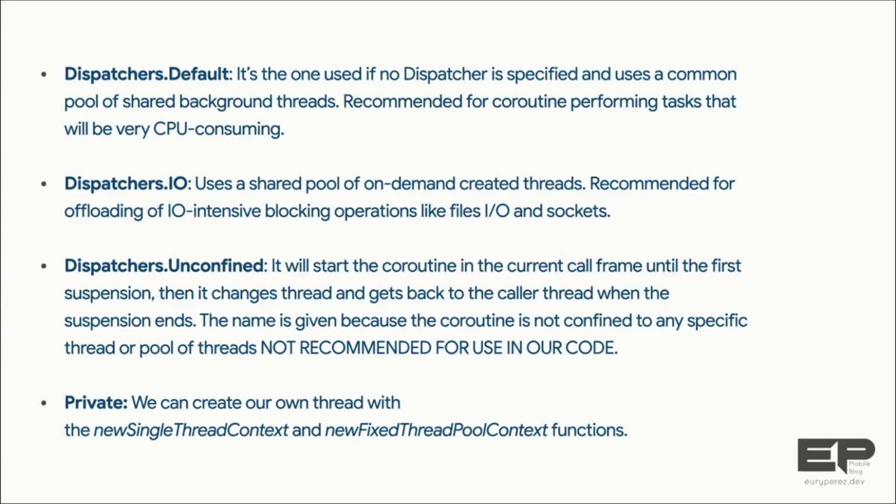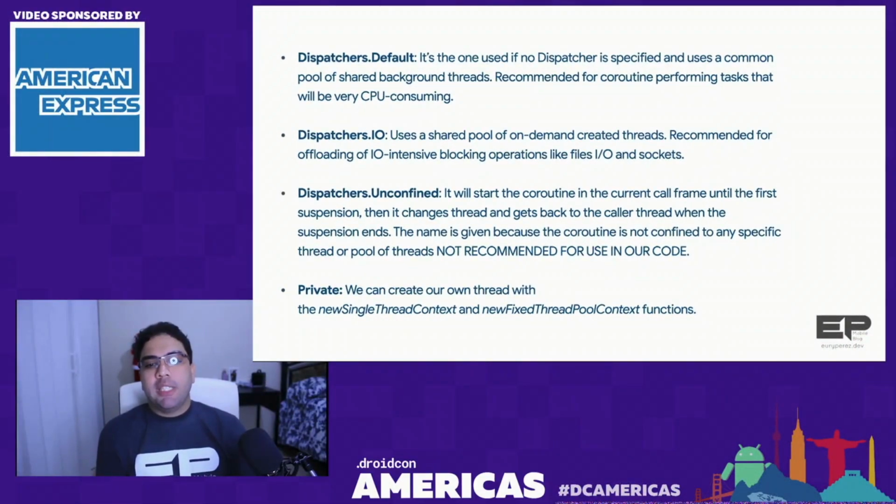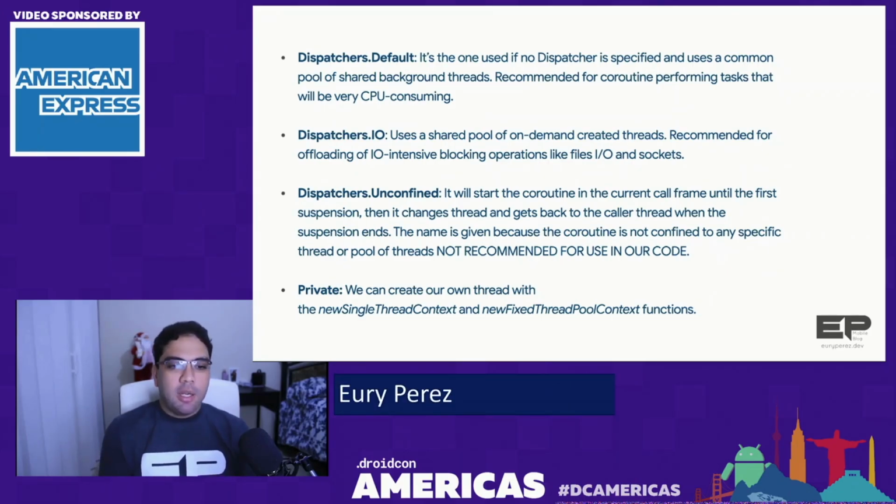The unconfined does that, but it changes thread as soon as it detects the first suspension. The name is given because the coroutine is not confined to any specific thread or pool of threads. It's not recommended for use in production, right? And we can create our own thread by using the newSingleThreadContext or the newFixedThreadPoolContext builder functions.